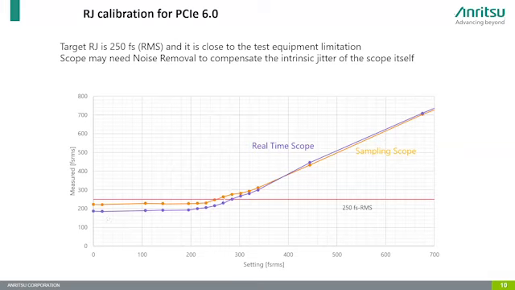So if your target is 250, you cannot use this portion. And the scope may need a noise removal to compensate for the intrinsic jitter of the scope itself. So you have to use this linear portion. If you use this kind of portion, you cannot make a linear fitting.